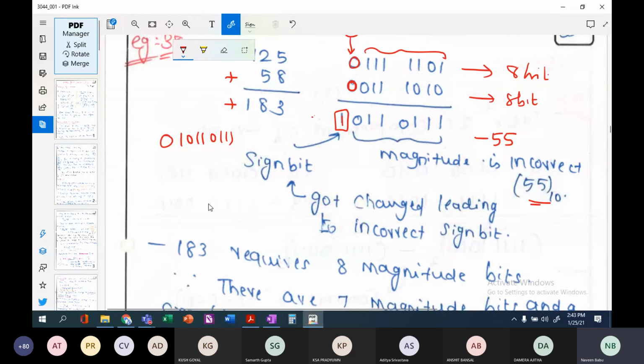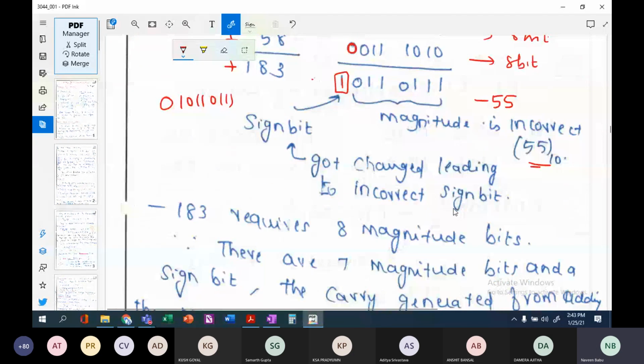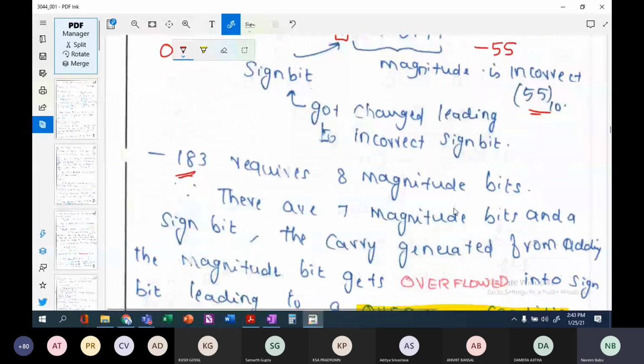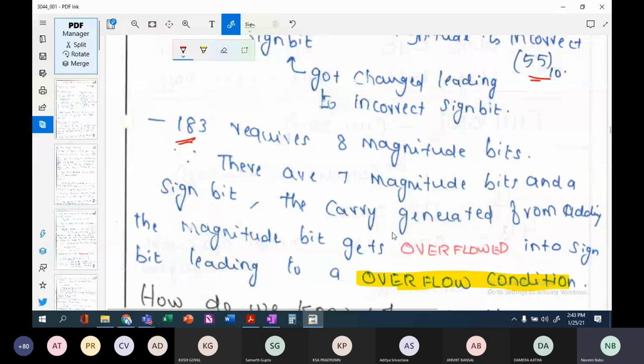Why has this happened? This has happened because to represent 183 or minus 183, you need 8 magnitude bits. But here there are only 7 magnitude bits, and hence the carry that was generated from adding got overflowed into the sign bit, leading to an overflow condition.